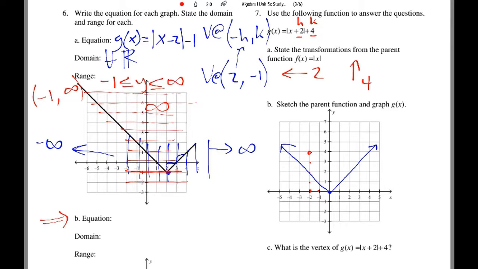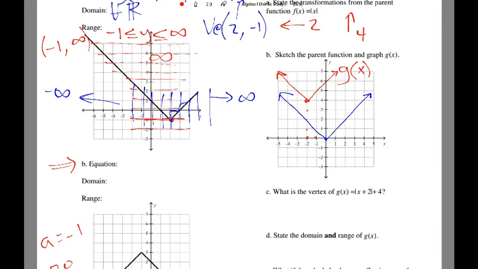So my vertex is right here, and my A, again, looks like it's 1. So up 1 over 1, up 1 over 1. Same thing with the other ray. So this will be g of x, and the blue one is f of x, your parent function.